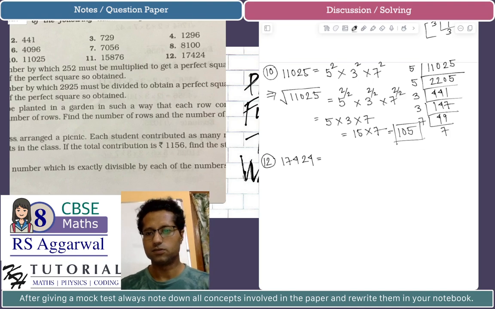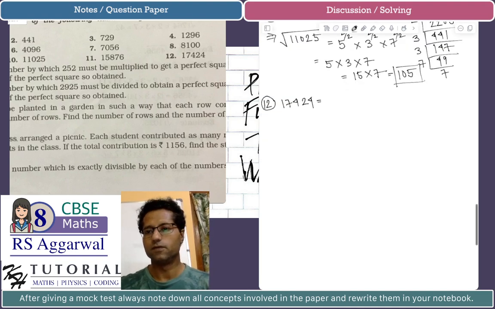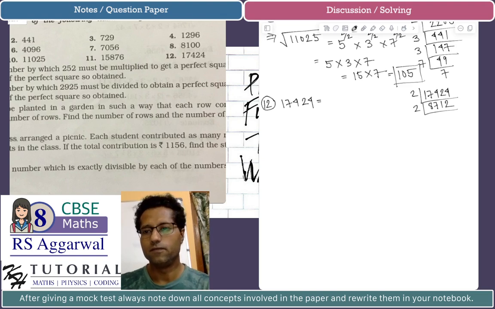the prime factorization of 17424. Let's divide by 2. We have 8712. Let's again divide by 2. We have 4356. Let's again divide by 2.